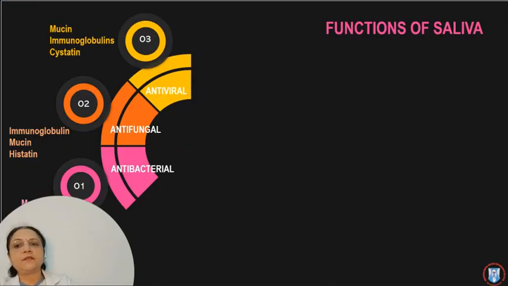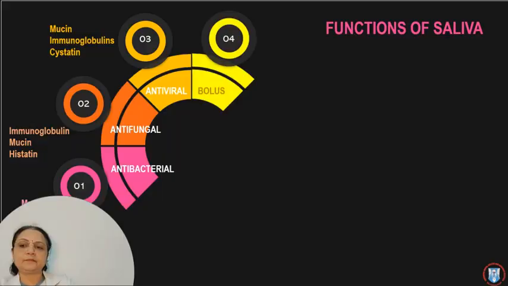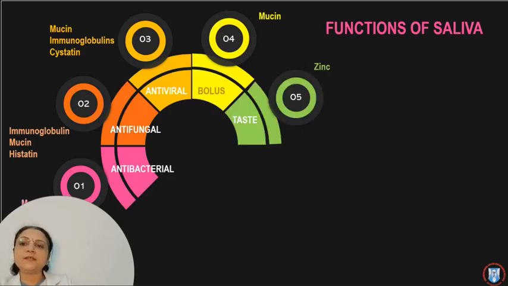The antiviral action of saliva is mainly due to the mucin, immunoglobulin, and cystatin in them. The bolus formation is brought about by the mucin in them, while the zinc brings about the taste function in the saliva.